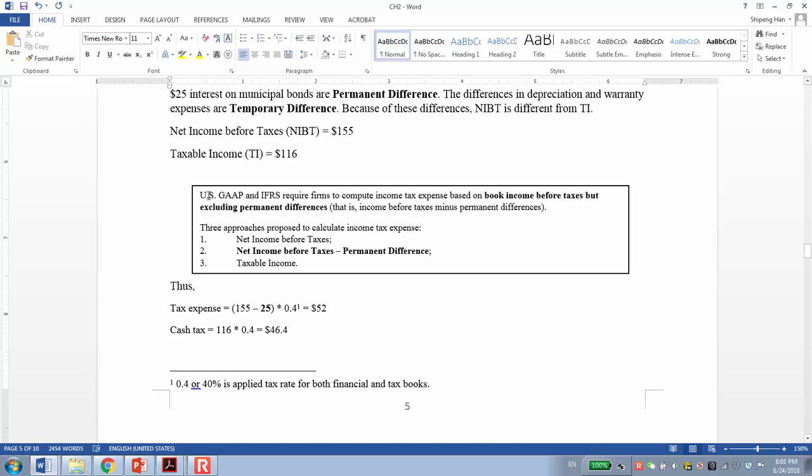According to US GAAP and IFRS, when a company computes its income tax expense in financial reporting, it should exclude the permanent difference. So basically, the difference between financial reporting and tax reporting is a temporary difference.